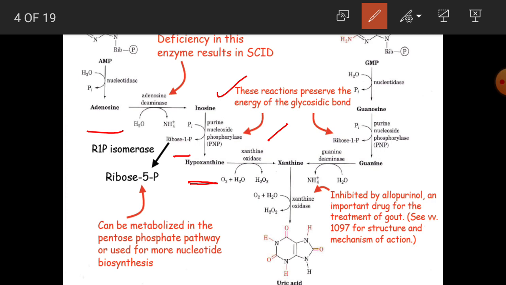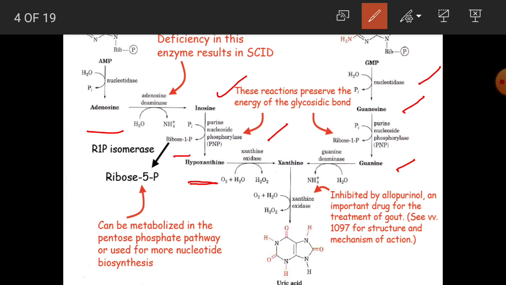Likewise GMP is also acted upon by nucleotidase in a similar manner to convert to its nucleoside, that is guanosine, and then purine nucleoside phosphorylase, that is PNP, will give rise to guanine. Fine. And guanine deaminase will produce xanthine.